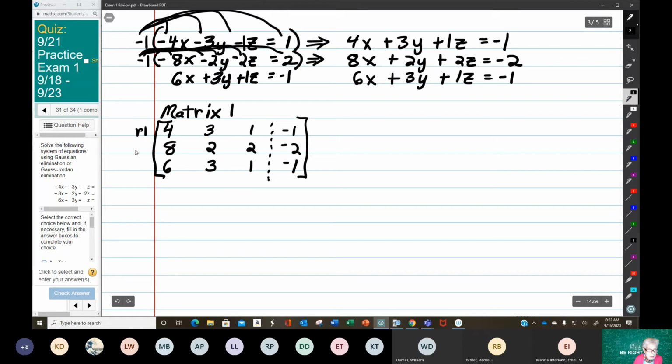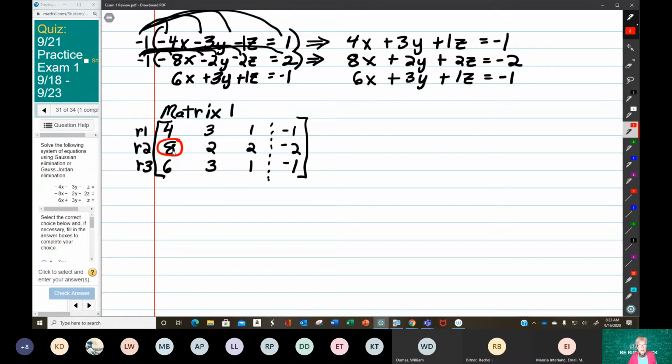Row 1, row 2, row 3. We call them rows now. And you have to keep your goals in mind. Your goal for matrix 1 and 2 is to end up with a 0 in this position right here.